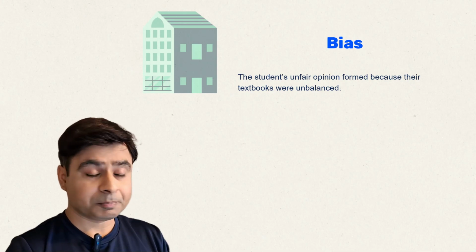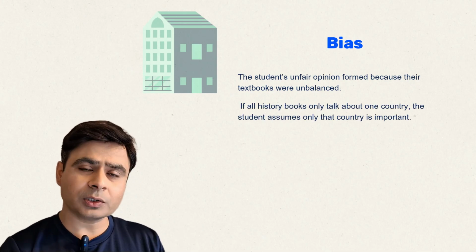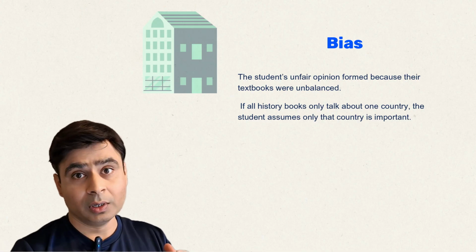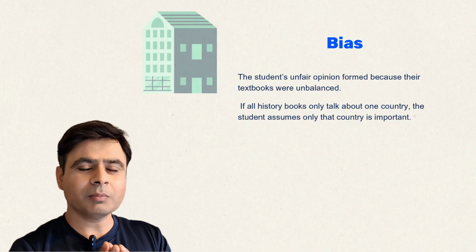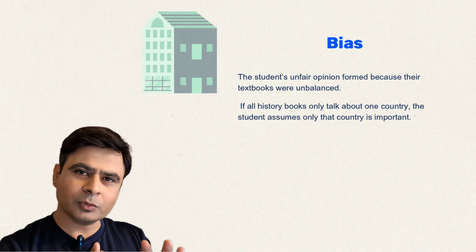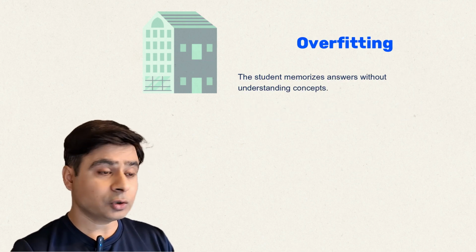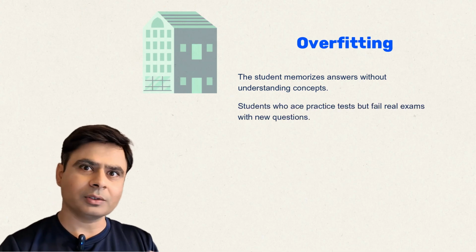Bias, what can be the bias? Now, the student who has unfair opinions because of reading, let's say, some specific literature or viewpoints or some specific writers, and then becomes inclined towards some school of thought, that becomes bias. Overfitting, on the other hand, can be students who are just memorizing the answers without understanding concepts.